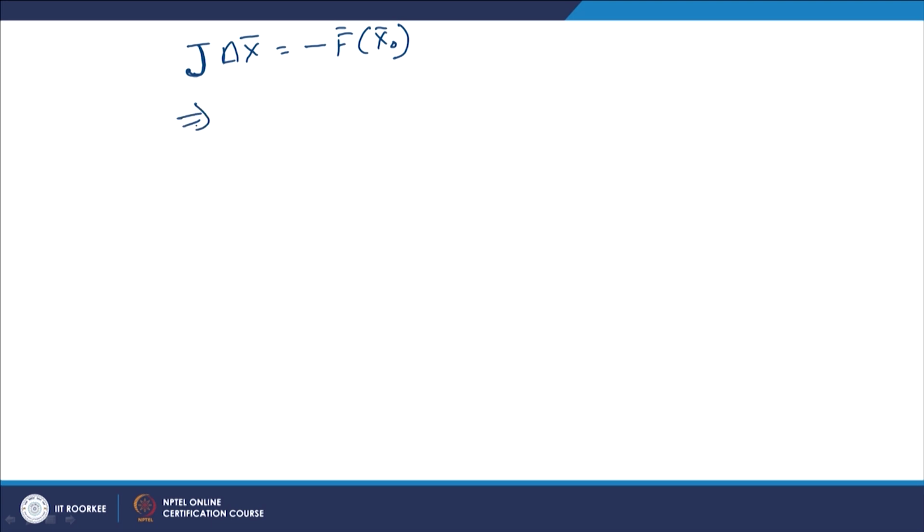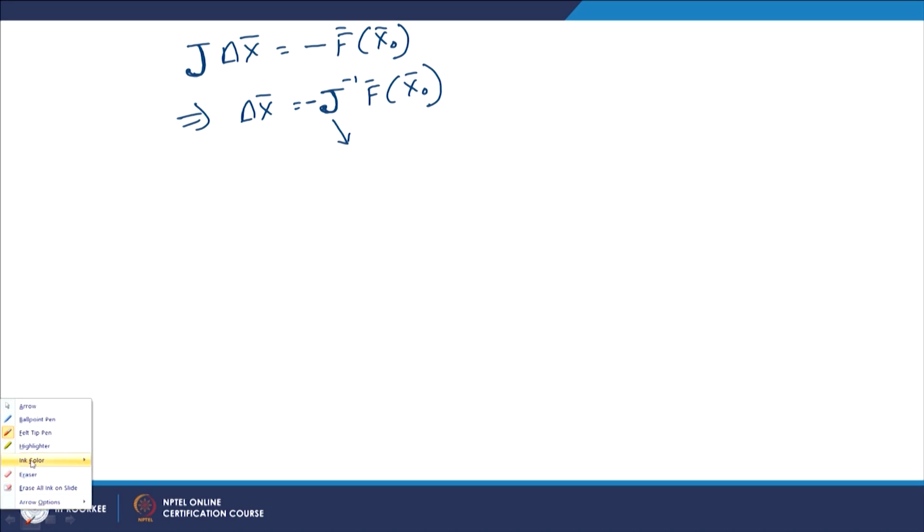From this it is easy to find J inverse into minus f of x naught, because this is a square matrix, and if it is a non-singular matrix, then it will be invertible.